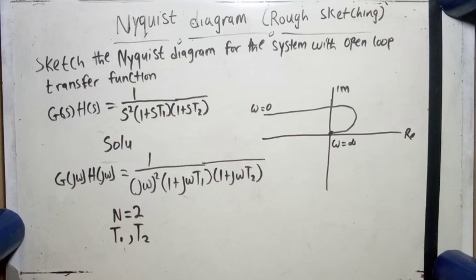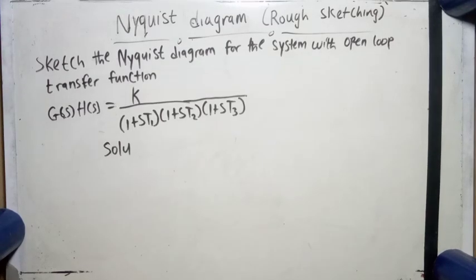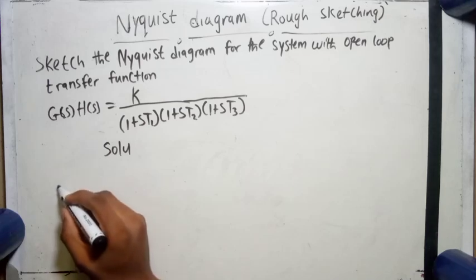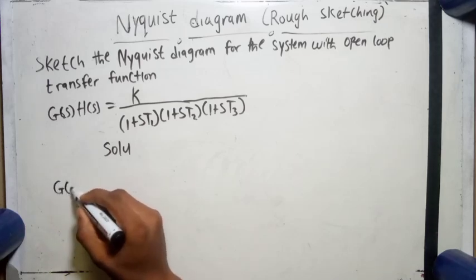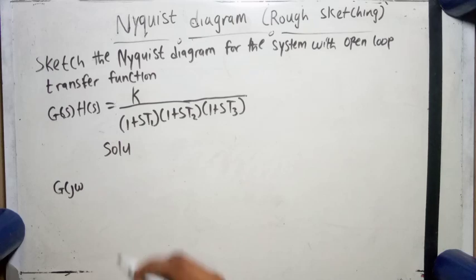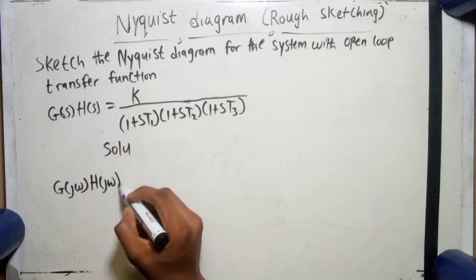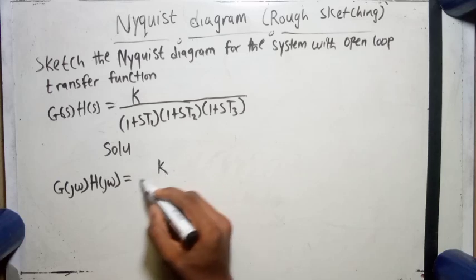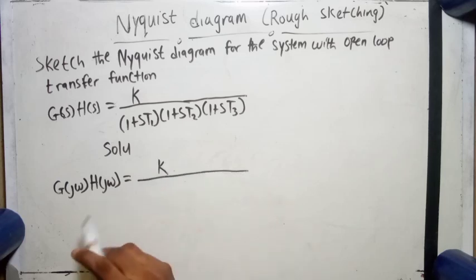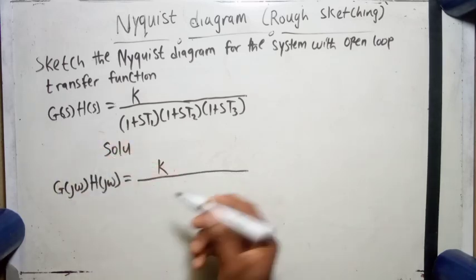Let's try another example. One more example before we go. Now, converting to our complex frequency form, the conversion is just to replace s with JW. That's all.